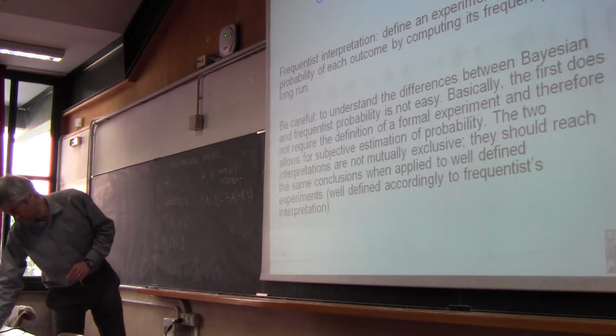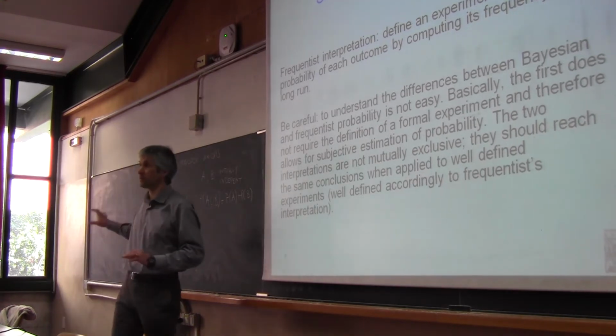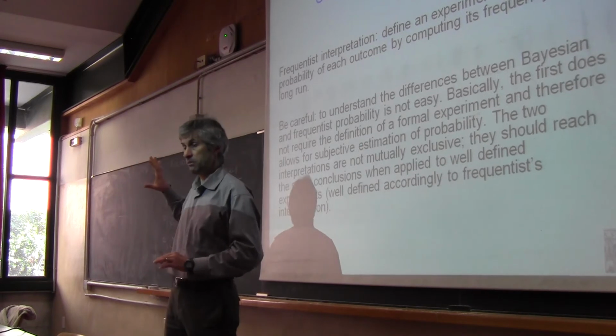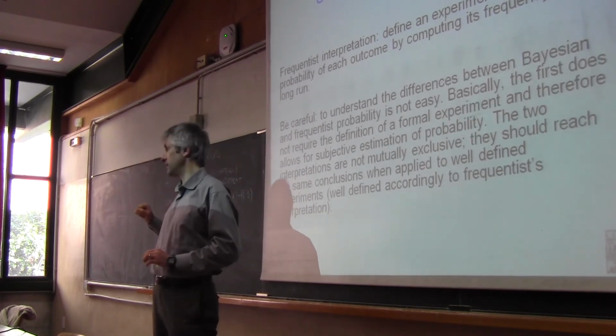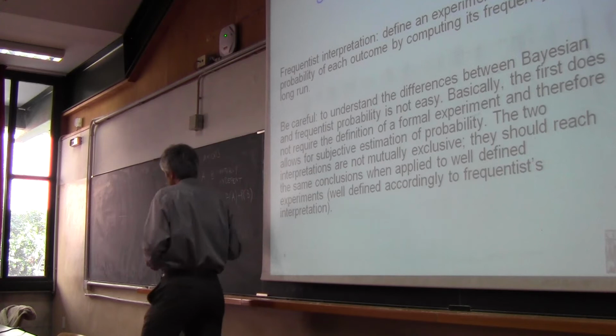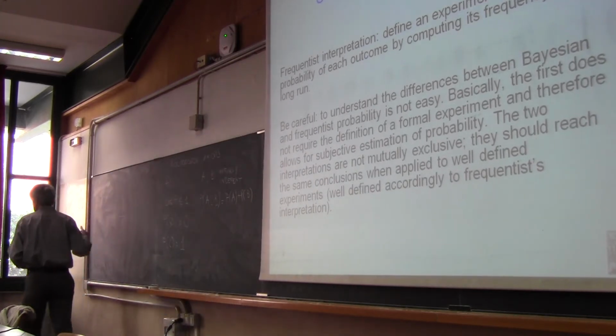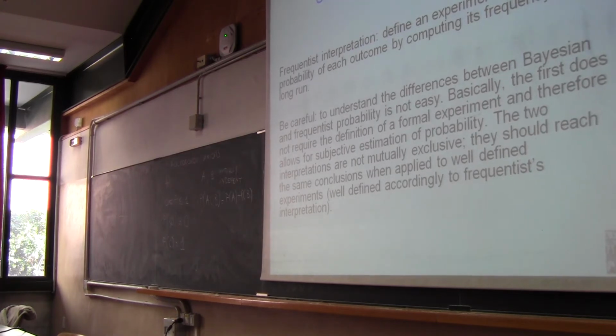Now, let me just say that there is another definition that is very popular, which is the Bayesian definition. The Bayesian definition of probability is more general than the frequentist definition, because the frequentist definition implies that you can perform an experiment.